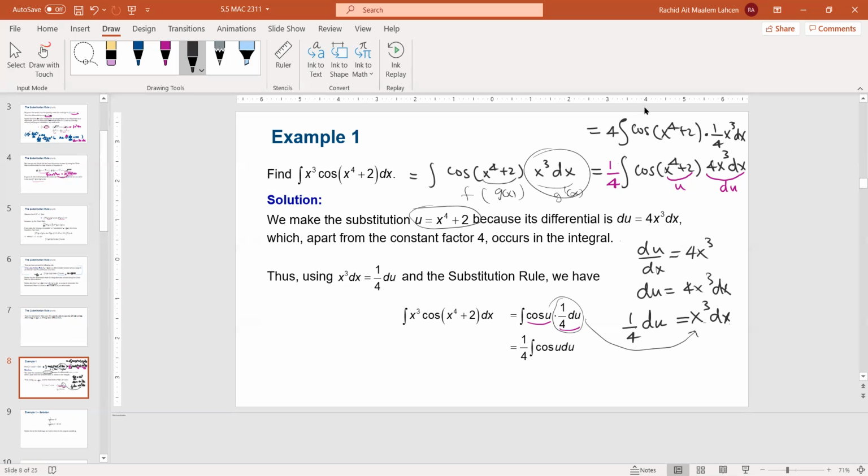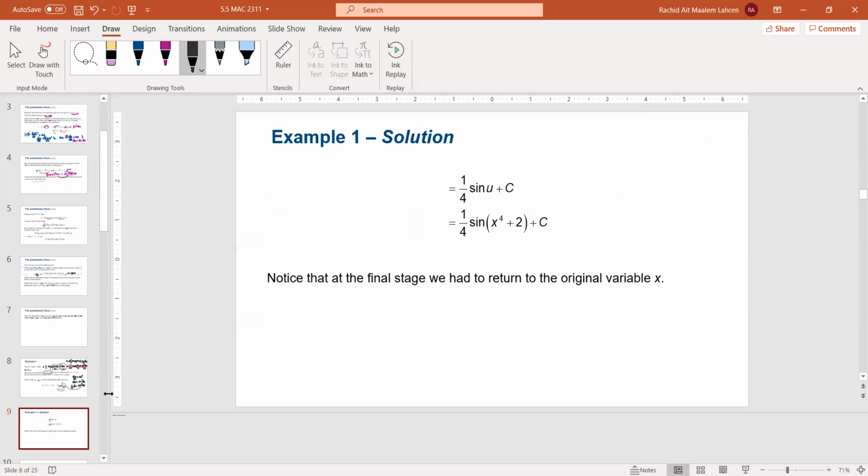So if we put u instead of this, it becomes cosine of u, and we need x cubed dx. x cubed dx is going to be 1/4 du. So now 1/4 can come outside in the next step, and now we have an integral that just comes from the table, and that's 1/4 sine of u plus c.